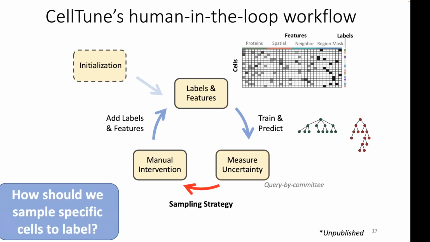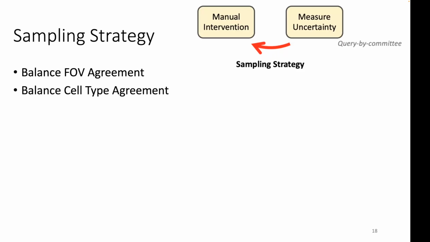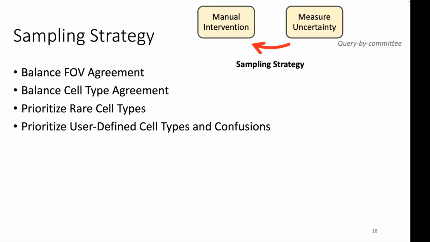So yeah, the next question is how do we actually sample the specific cells that we're going to label? Here we want to balance, by default, the agreement across different fields of view, different patients, different cell types, and we give some priority to rare cell types, which are often missed.